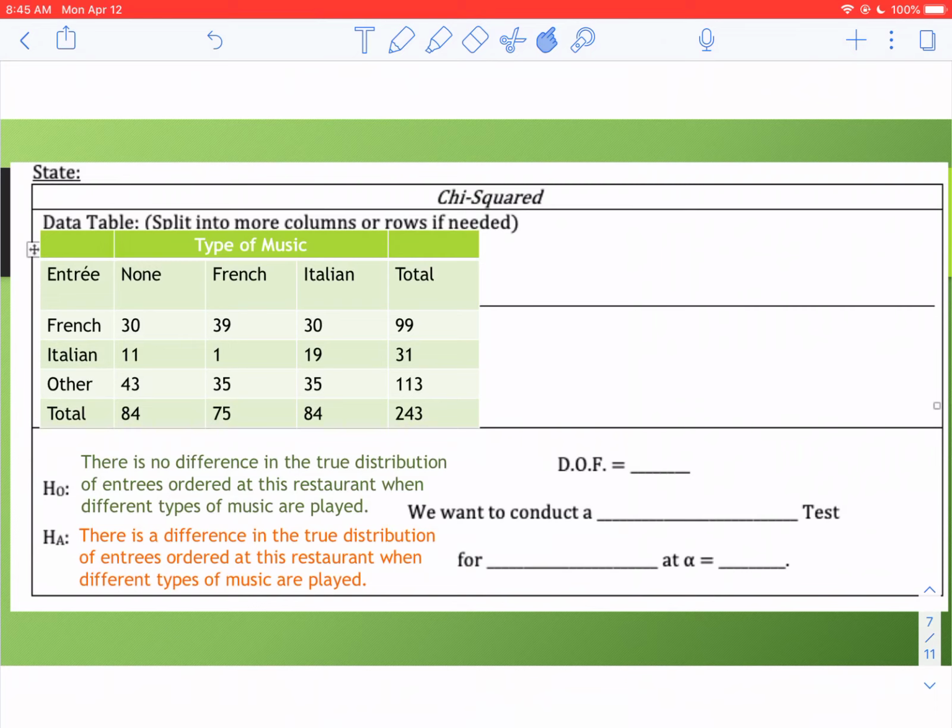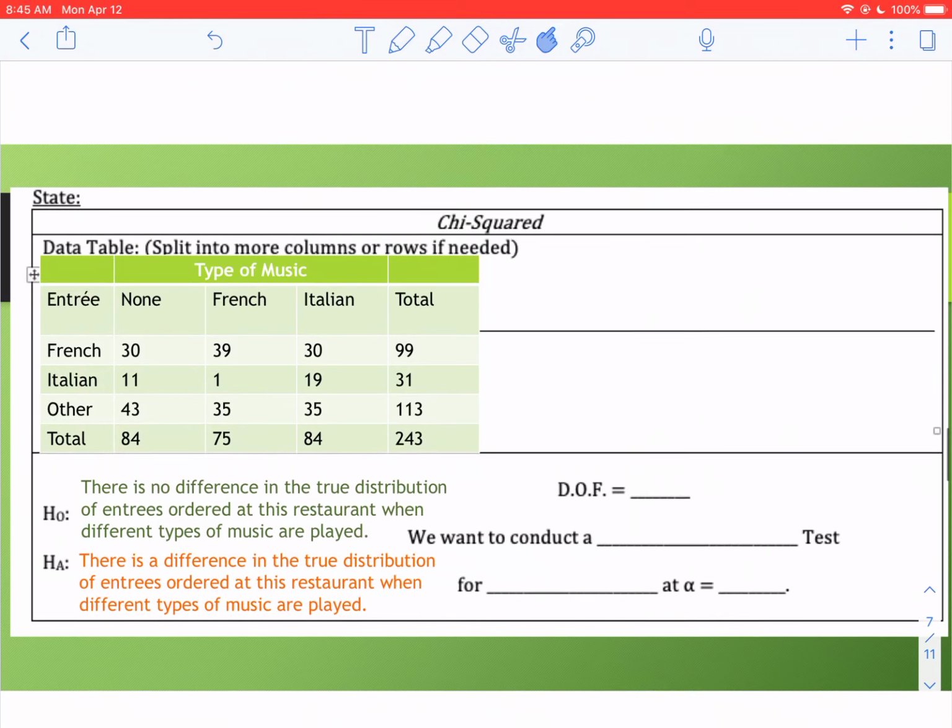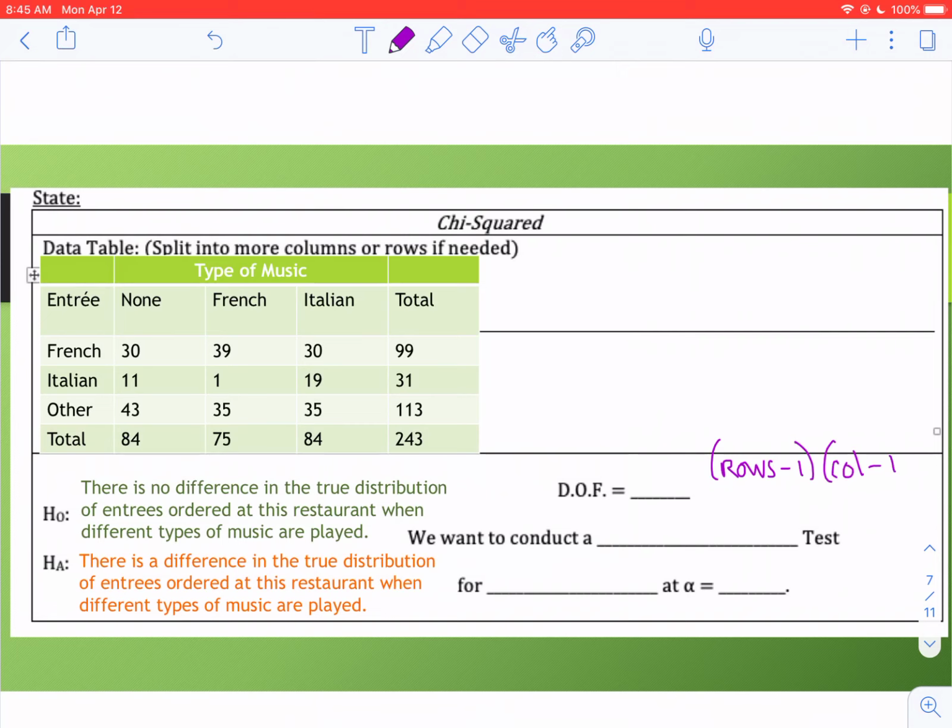Okay, now remember to find our degrees of freedom for a two-way table, we have a little bit different formula. It's going to be the number of rows minus 1 times the number of columns minus 1. So in this case, remember, you do not count the totals as part of your rows and columns.